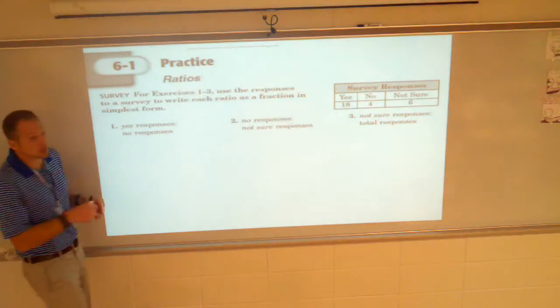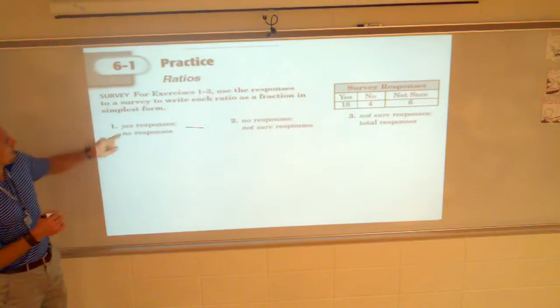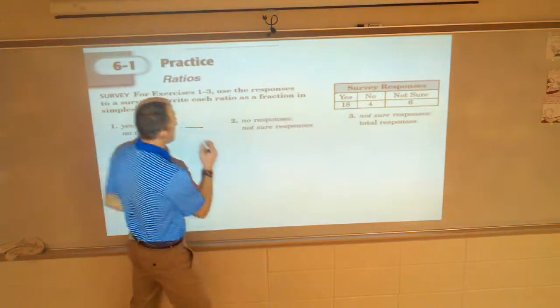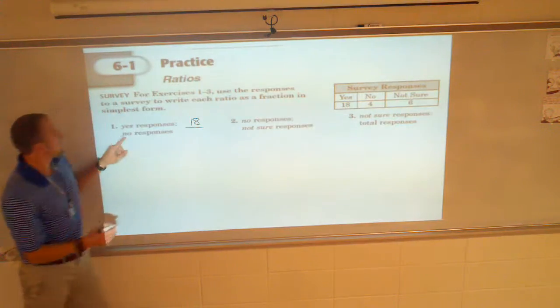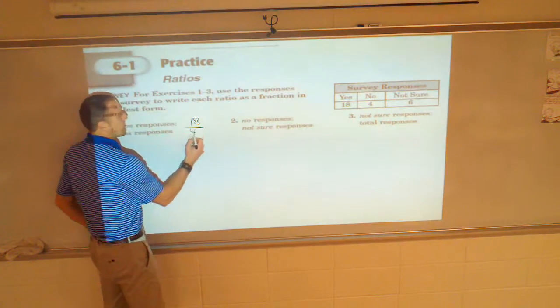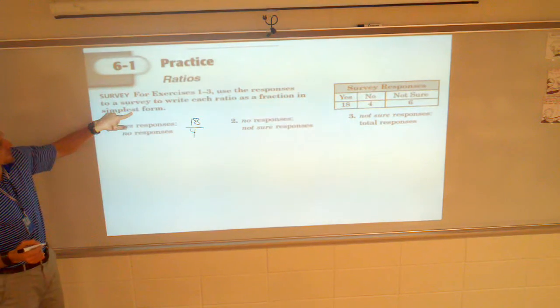So, a pretty easy way, if I know I'm writing it as a fraction, is to start with a fraction bar. Now, look at this. Yes responses were 18. No responses were 4. And it says to write each ratio as a fraction in simplest form.